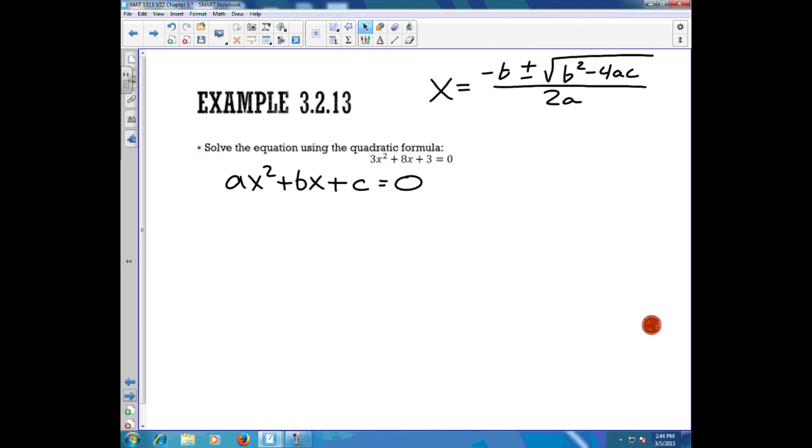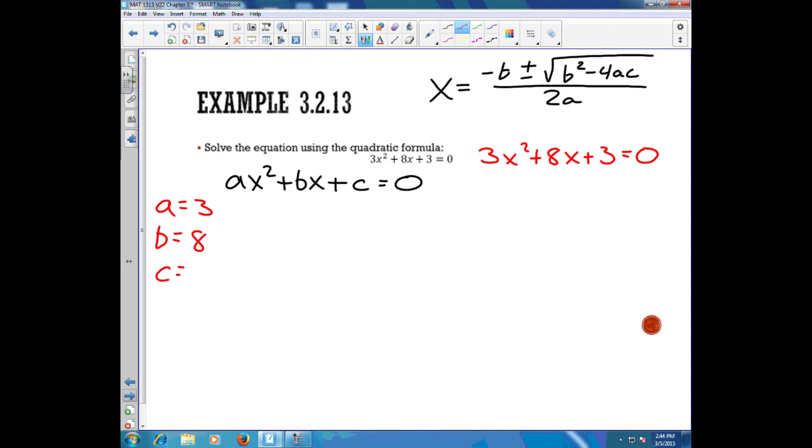So in this case, for this equation, what we have is 3x squared plus 8x plus 3 equals 0. For this equation, a is equal to 3, b is equal to 8, and c is equal to 3.